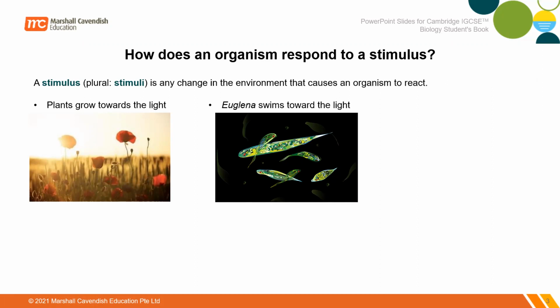In this topic, we started with the stimulus, the definition of a stimulus and response. We took sensitivity in topic 2 and the definition of sensitivity. That's why we want to apply it here on this topic. Stimulus, or the plural of it, stimuli, is any change in the environment that your body will respond to. I don't like the word react, but anyways, if you wrote react, it will be perfect, no problem at all.